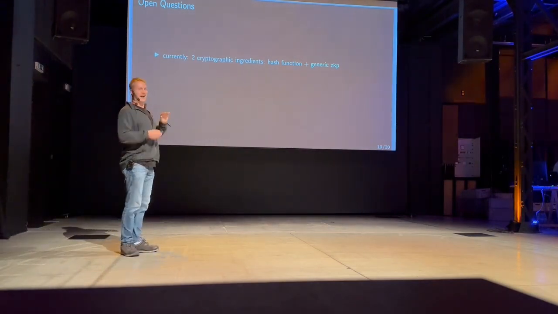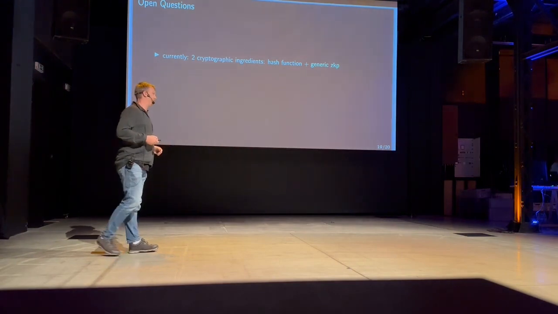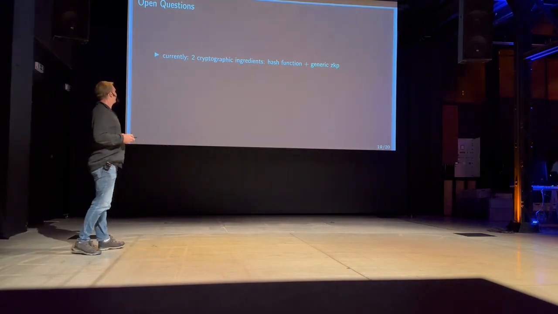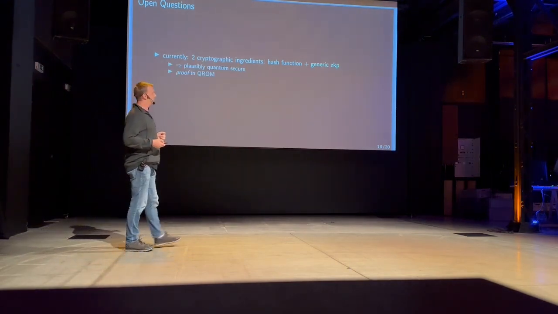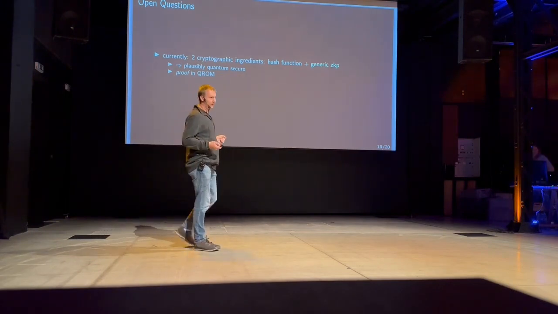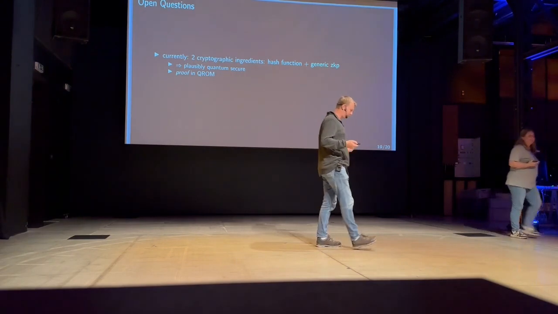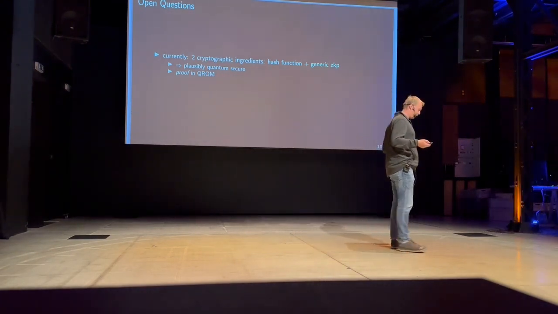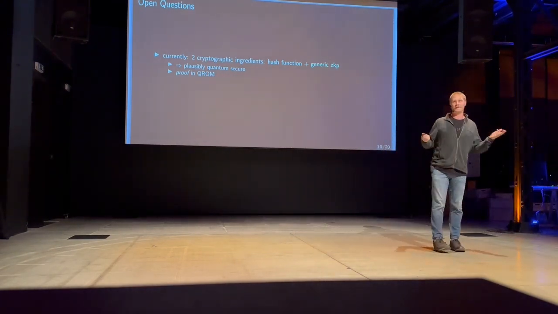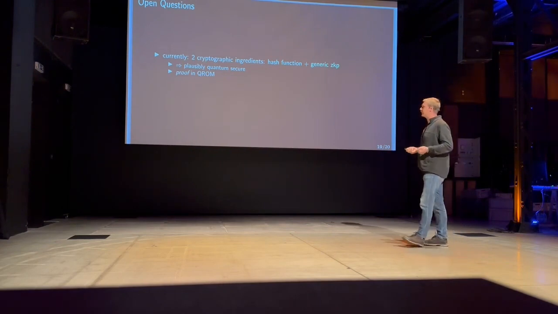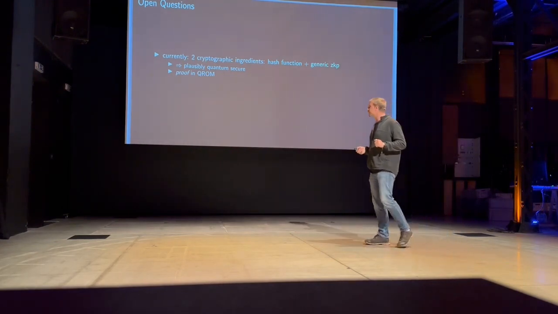So really, it's hashes all the way down. And so it's plausibly quantum secure, but there's no proof. I think a proof is within reaching distance, and if you're a master's student looking for a topic, have a look at this.